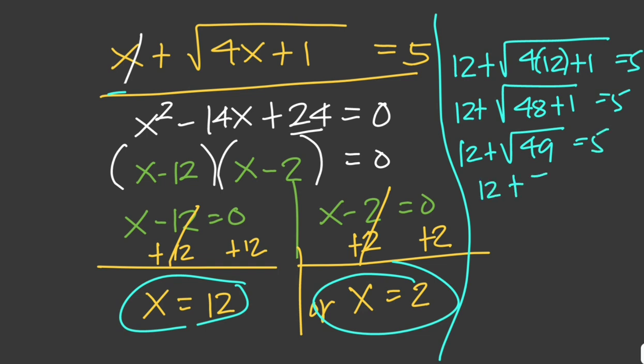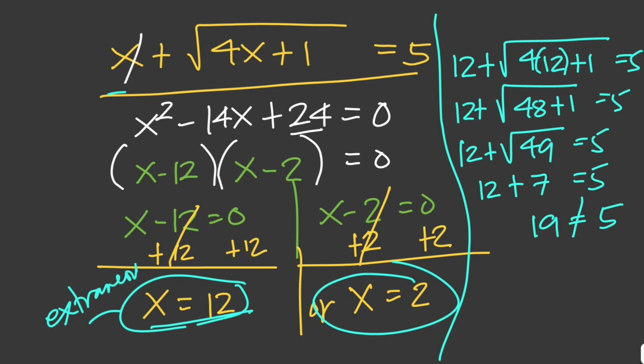And square root of 49 is 7. So 12 plus 7 is 19, and 19 is not equal to 5. So that means this is false, and x equals 12 here is an extraneous solution. So this is not a solution to the given problem.